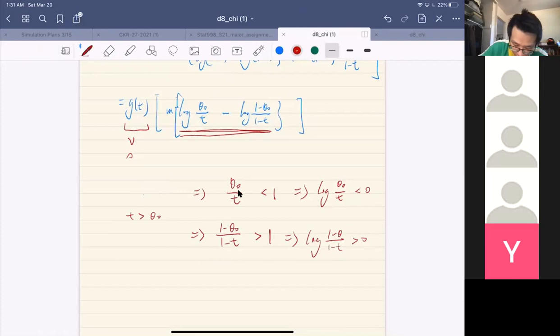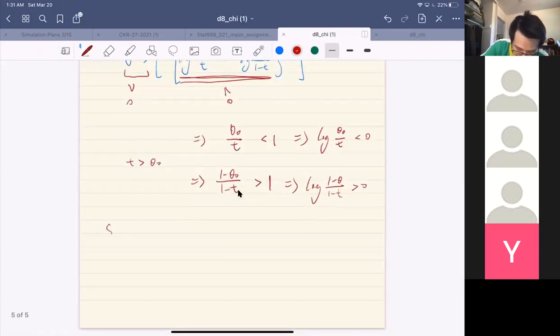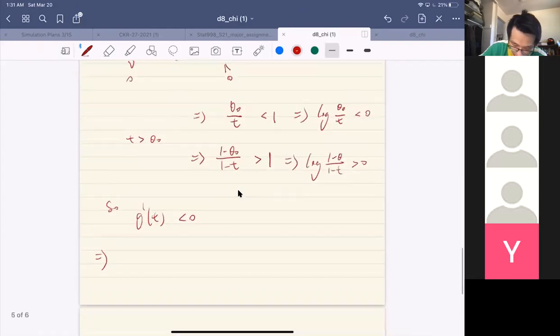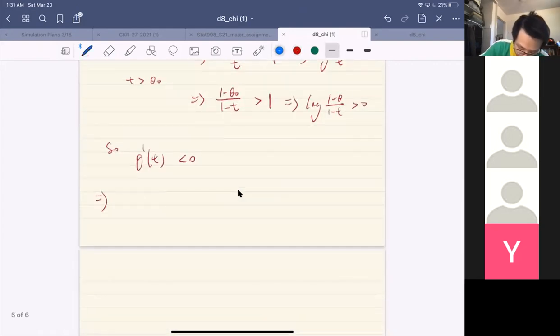So the whole term is negative, so the first derivative is negative. So we have the equivalent rejection region: s bar greater than some constant b is the rejection region for the likelihood ratio test.